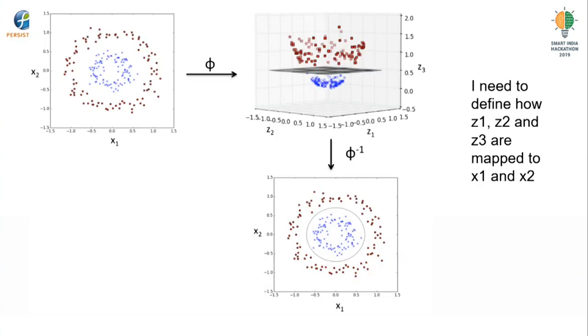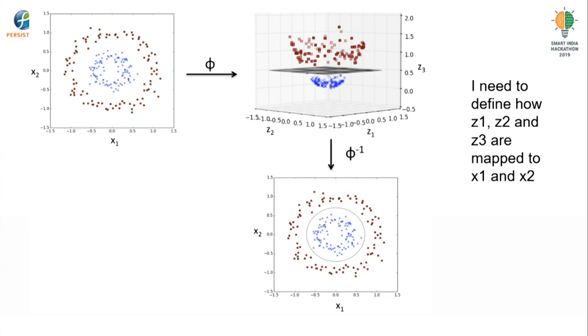For example, look at this diagram. On the left hand side top portion there is some data, a scatter plot, with some data points which are blue and red, and this is two dimensional data, x1 and x2. Naturally, if I ask you to draw a classifier boundary where we are restrained to draw only a straight line, that does not look to be possible at all, since the data is non-linear.